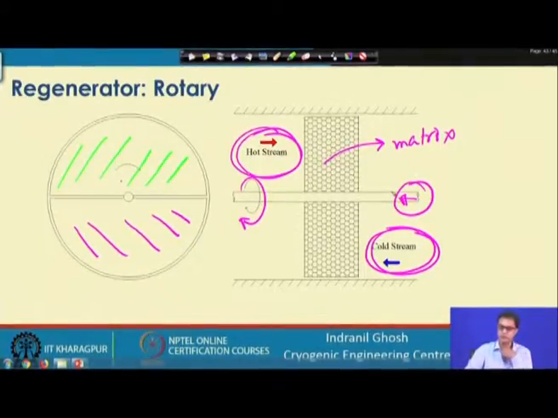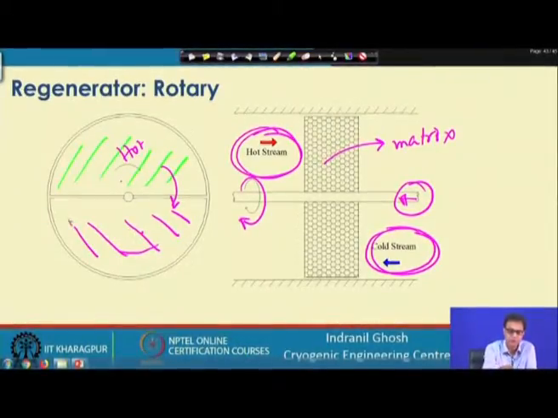When the shaft is rotating, this matrix which was earlier exposed to the hot fluid will now come in contact with the cold fluid when it is rotating, and the cold fluid will be heated up and the regenerator matrix will become colder.